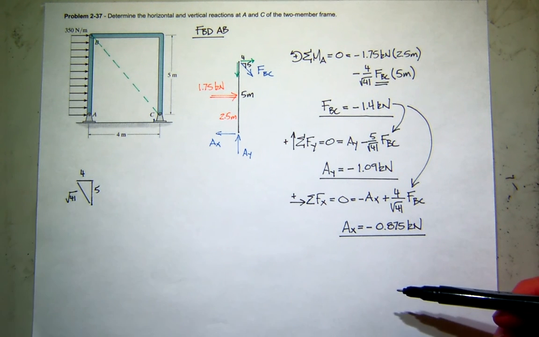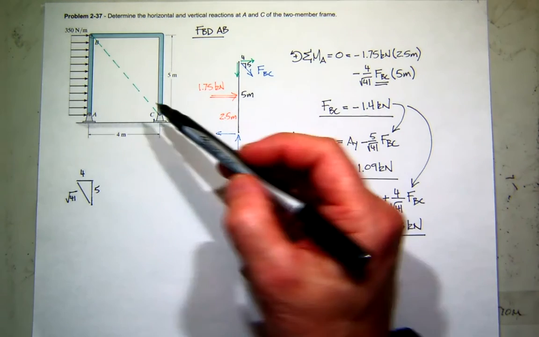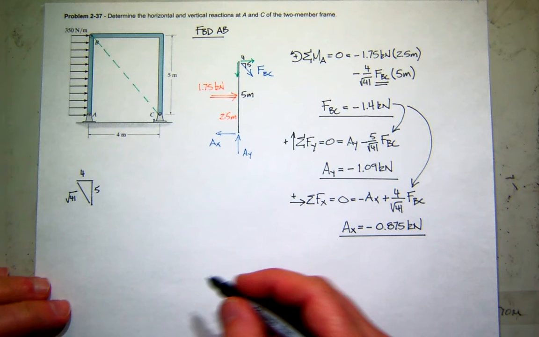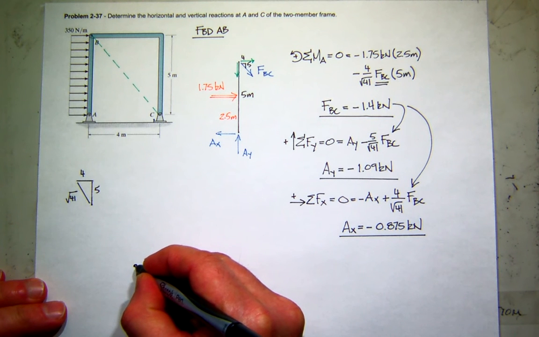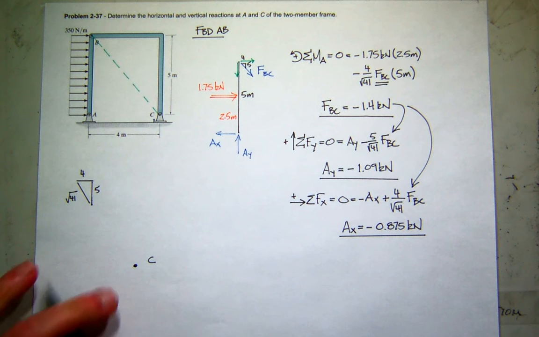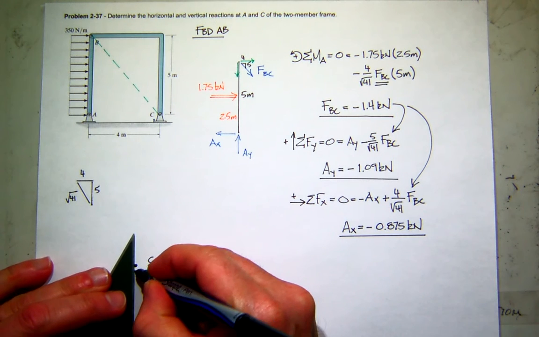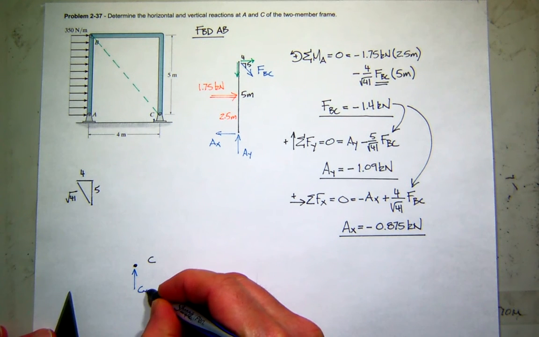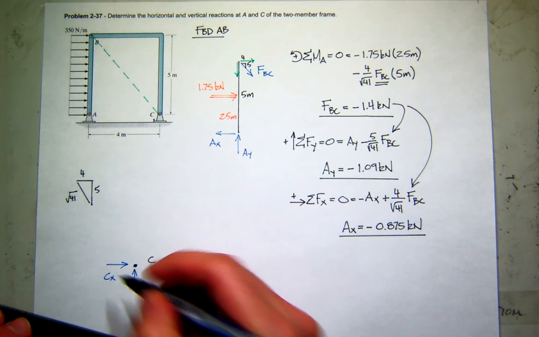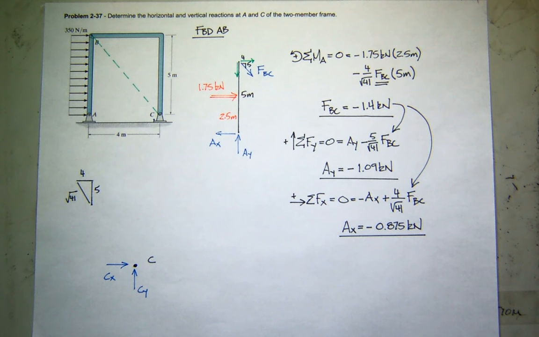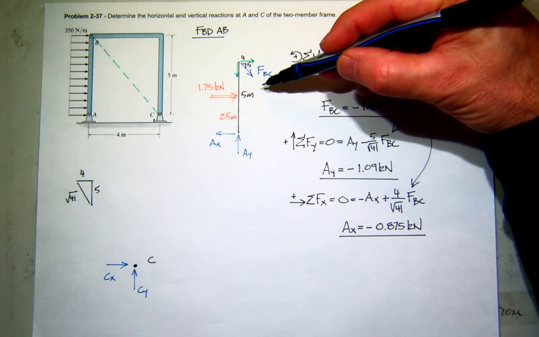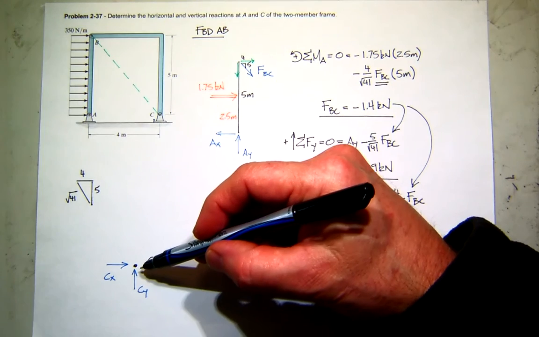Now, we're not finished. Well, we're out of time for class today, but we're not finished because I need to find the reactions at C. But that would be pretty easy because I can draw a free body of C. I can assume that at C, I have a Y and I have an X. And what's the only force there? If I assumed FBC was down here, what's it going to be on the other side?